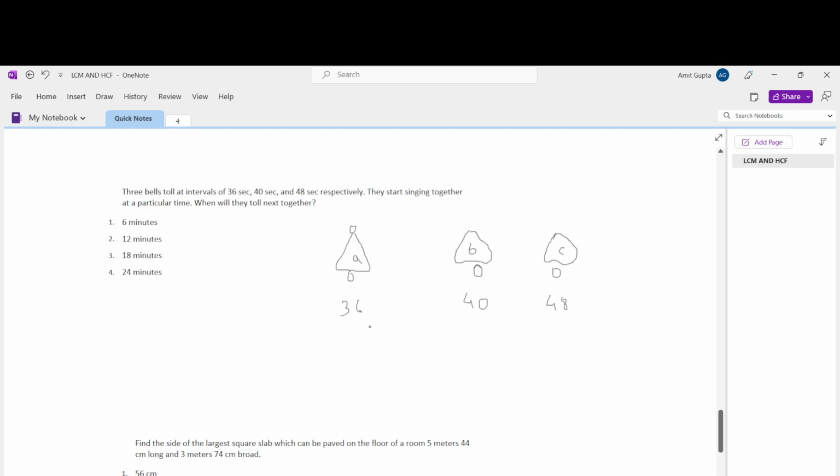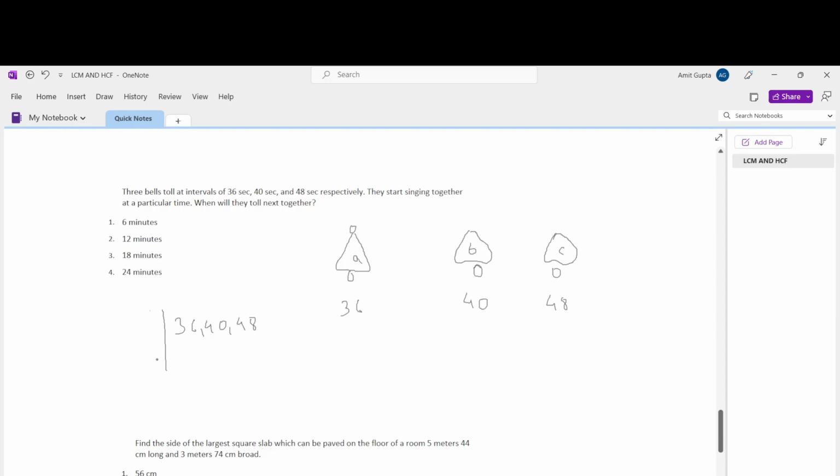They each ring at a different interval, but they start at the same time, so we have to find at what time they will ring together, which means we have to find the LCM. At that time they will all ring together. So the LCM for 36, 40 and 48.